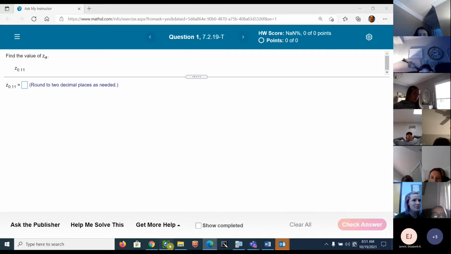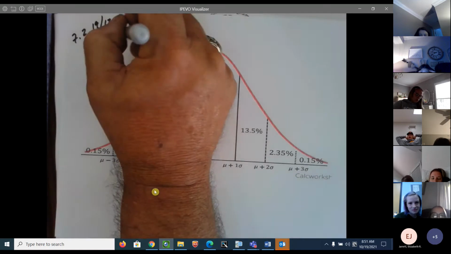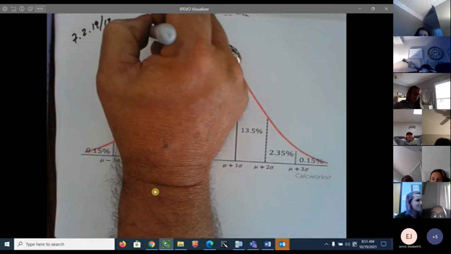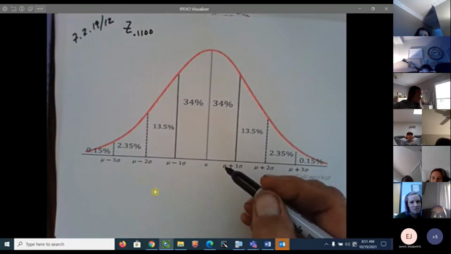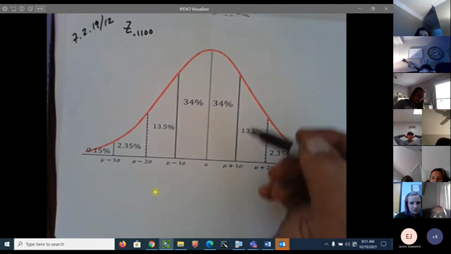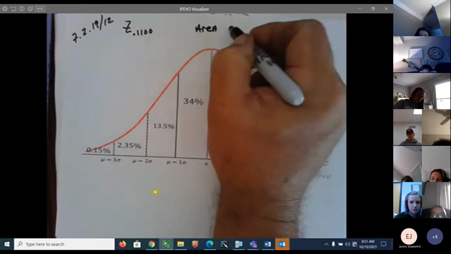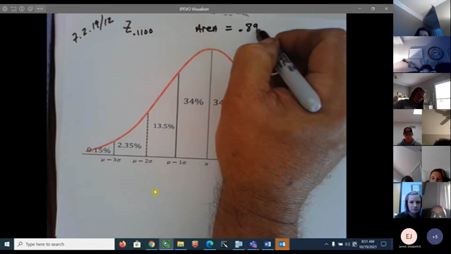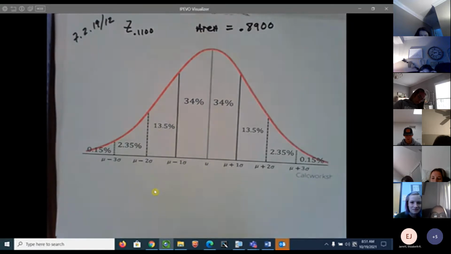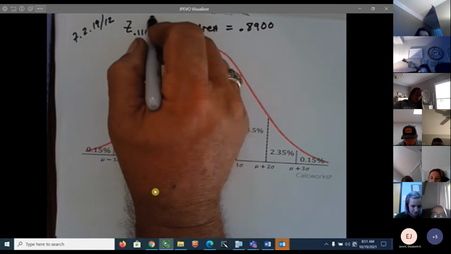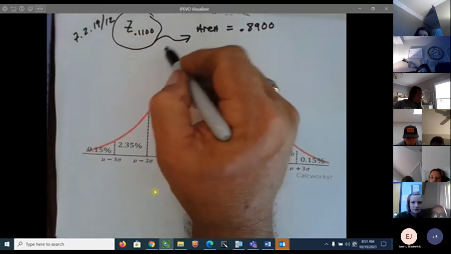So z sub 0.1100. Basically, they're wanting the area of 0.8900. That's what they're wanting. So when they write it like this, that means they want the complement area.